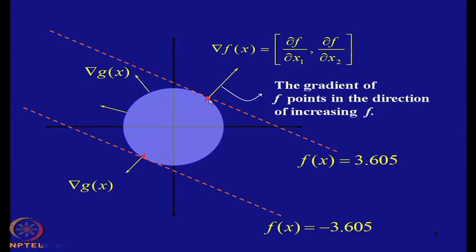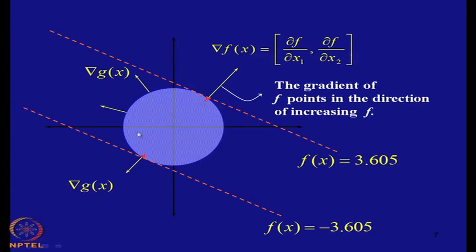Why do I say direction? Because, as we know, every vector function has two components: one is the magnitude and the other is the direction. For the optimization problem, the direction tells us that the gradient of the objective function and the gradient of the constraint at the maximum point have the same direction, but the magnitudes are different.